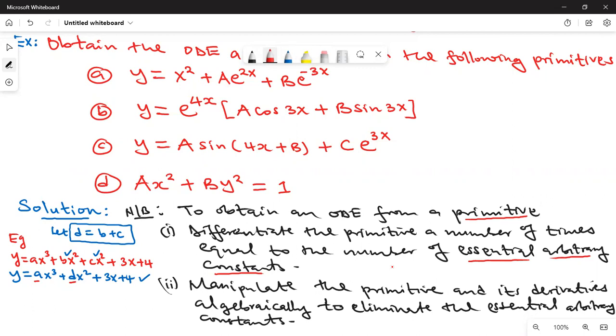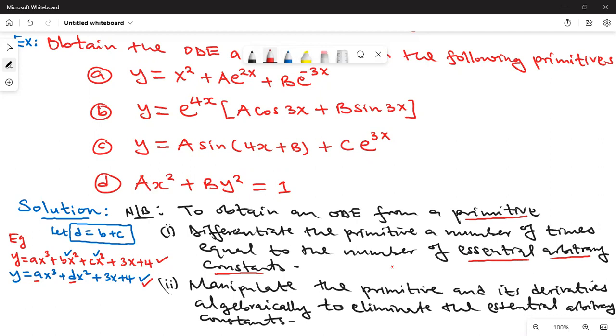Why? Because the first function can be simplified to obtain the second function, which still has two arbitrary constants, and so those are the ones that we call essential arbitrary constants. So the definition of essential arbitrary constants simply means that they are arbitrary constants which appear in a function which cannot be simplified further.